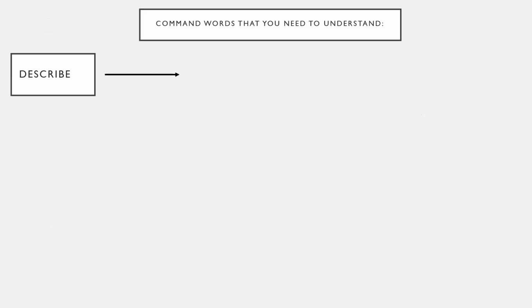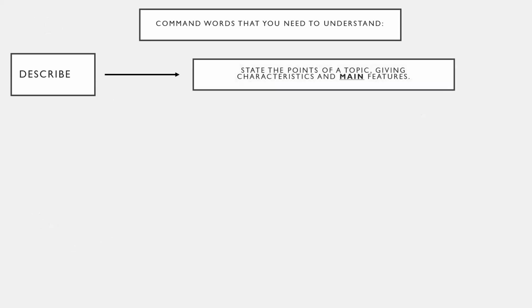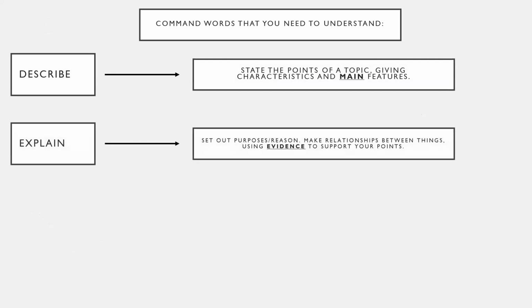So command words that you should really keep your eye out for and that you should understand. So describe basically means to state the points of a topic, giving characteristics and main features. Explain, so setting out purpose or reason.